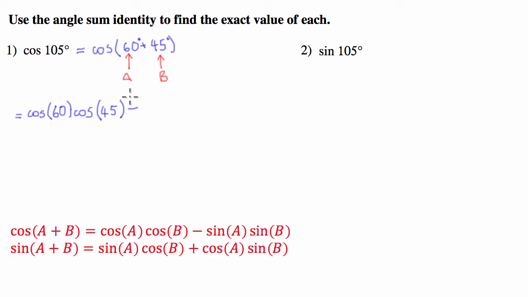With this identity, we use the opposite sign from what's in the brackets, subtract the sine of 60 times the sine of 45.